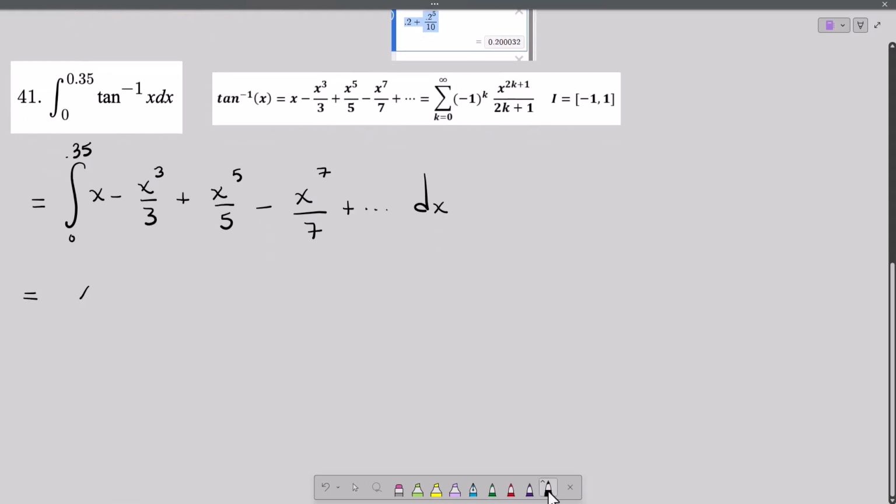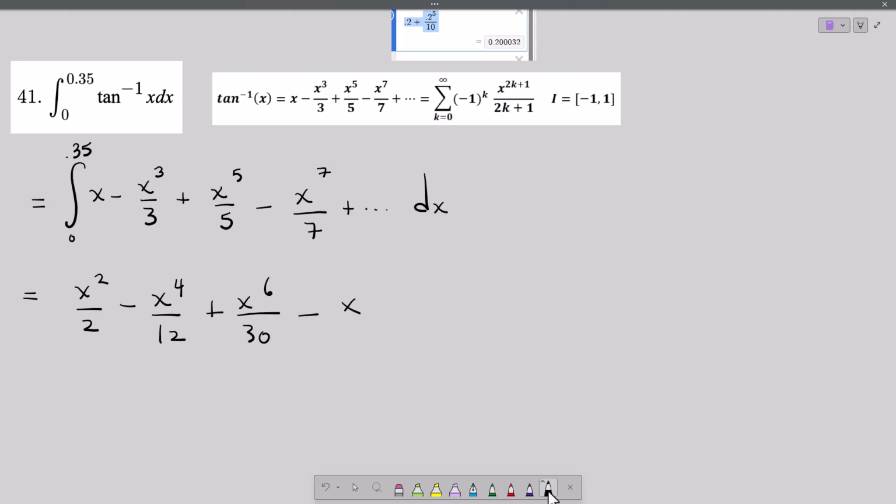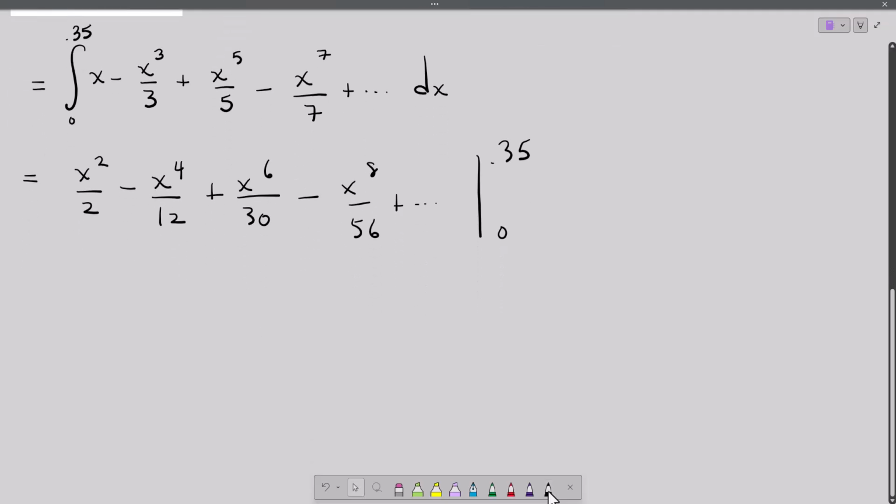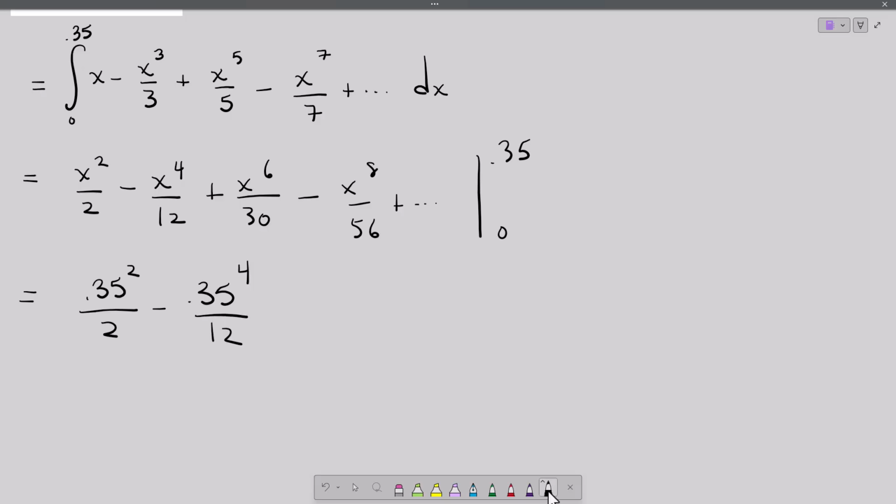So here we're going to plop through, we're going to do our regular power rule business. And when we do our power rule stuff, in this particular case, we end up with, from 0 to 0.35, 0.35 squared over 2 minus 0.35 to the 4th over 12 plus 0.35 to the 6th over 30, minus 0.35 to the 8 over 56 plus etc. And then we subtract off 0.